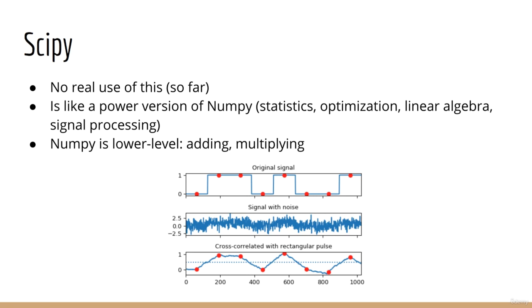Next, we have Scipy. Now, I don't anticipate really using Scipy at all. However, that could change. Scipy is kind of like a power version of Numpy. So it has more useful statistics functions, more useful optimization functions, more useful linear algebra functions, and so forth. Numpy is more for those lower level operations like adding and multiplying.